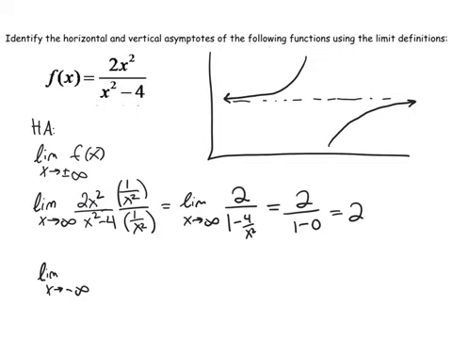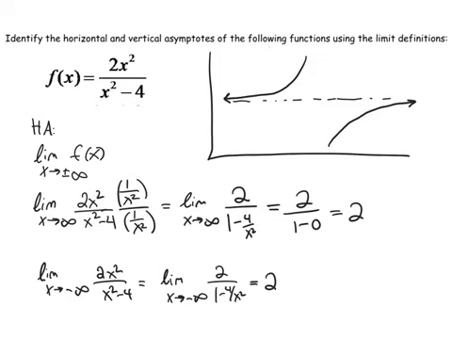Because the limit of 2x squared over x squared minus 4 is still the limit as x approaches negative infinity of 2 over 1 minus 4 over x squared. And as x is going to negative infinity, this is still going to 0. So this still is 2.